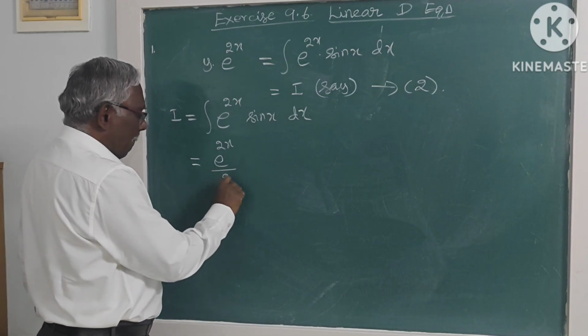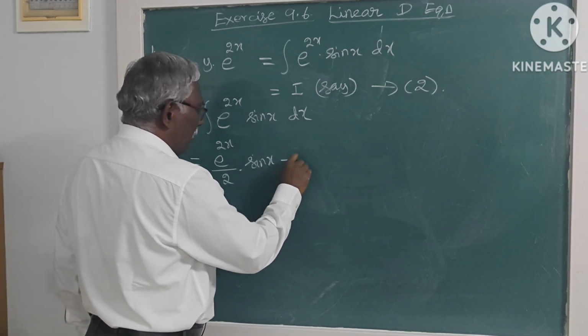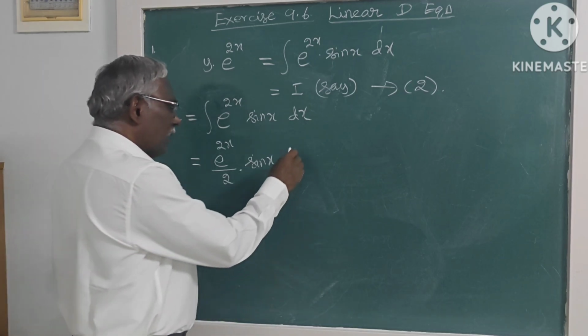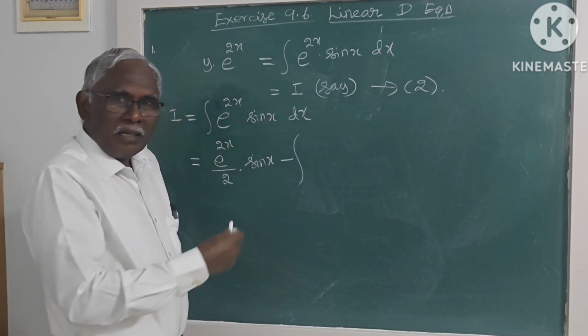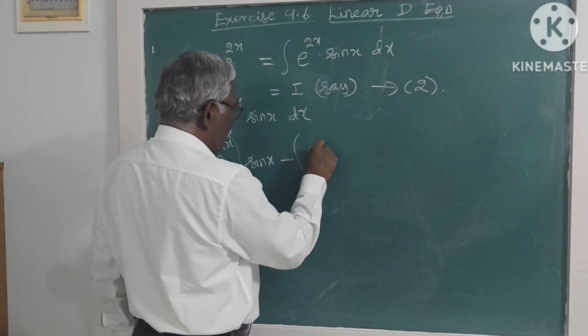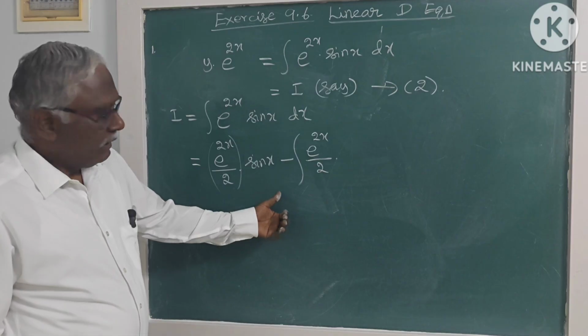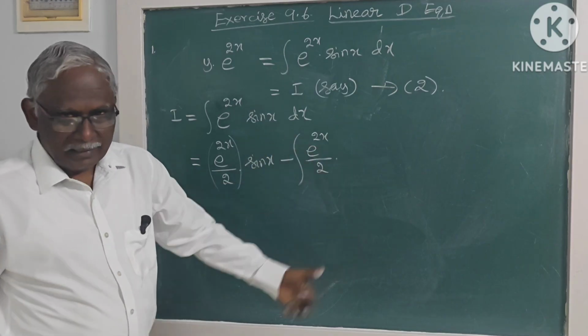So by 2 into second term, the other term sin x, minus integral of the integrated term, that is this one, into differentiation of the other function. We have to differentiate and write there.